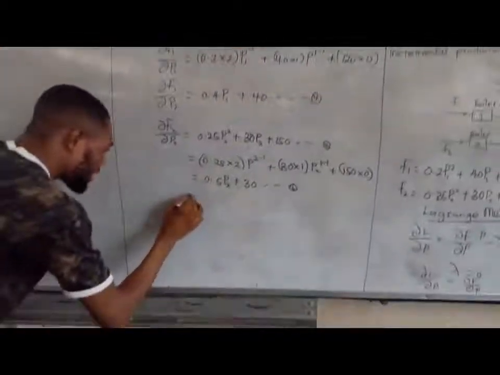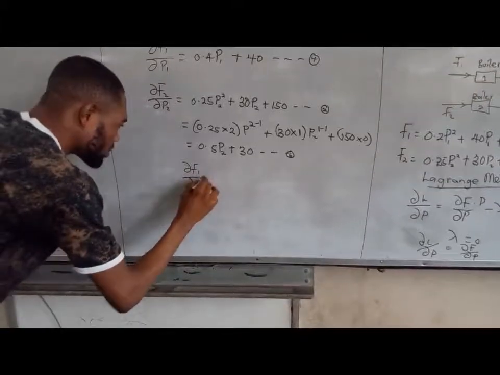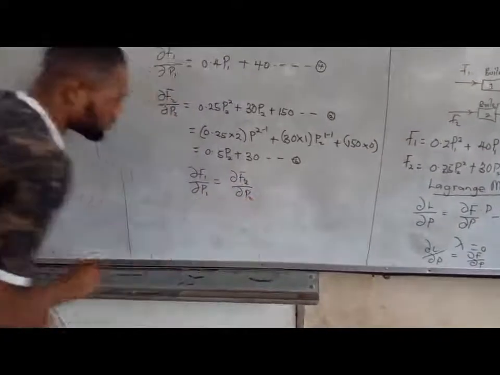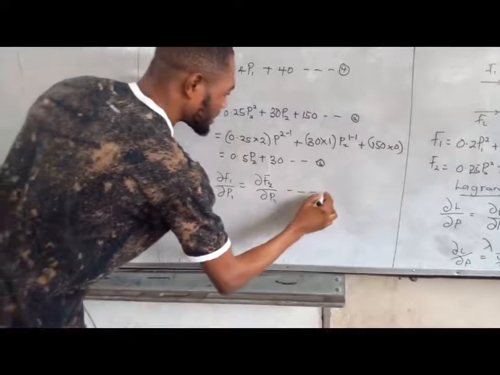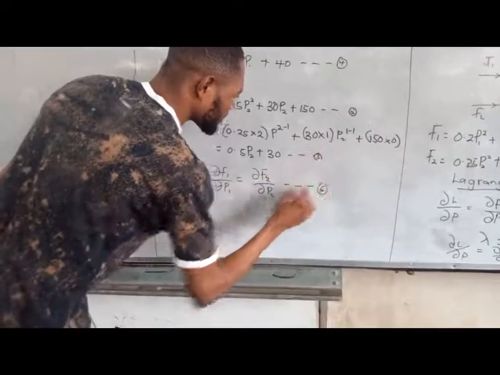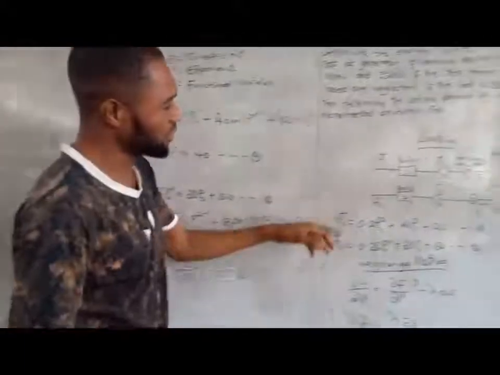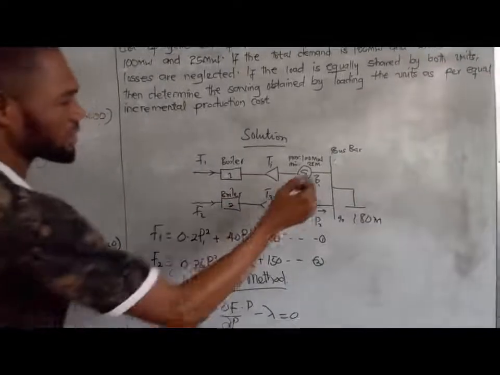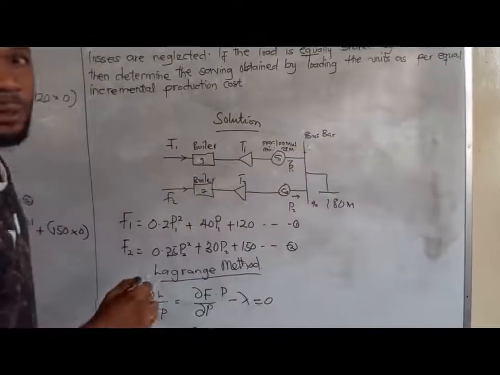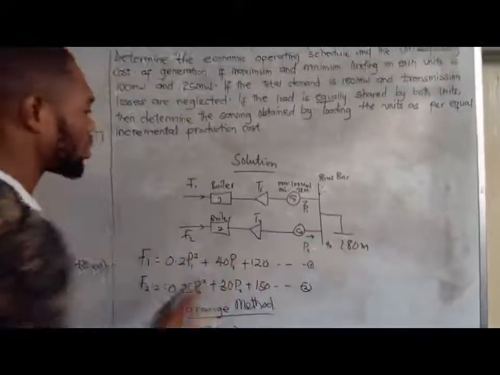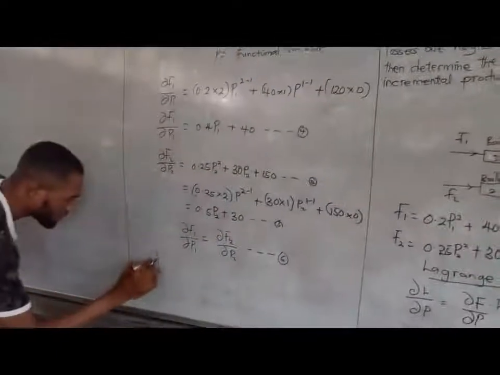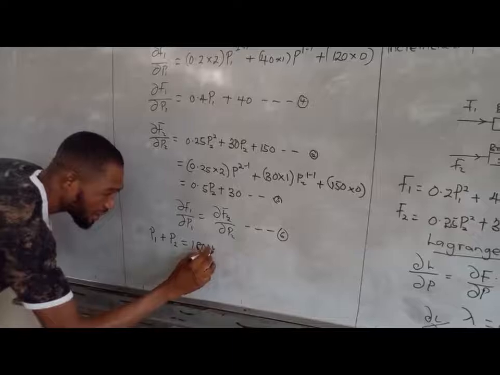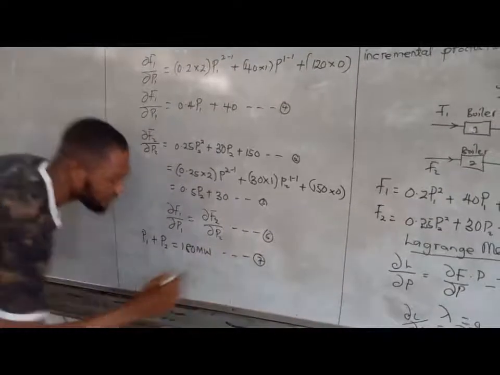We can have an expression like dF1 over dP1 equals dF2 over dP2. We call this equation 6. But the question also says that unit 1 and unit 2 generate and all of it is injected into the bus bar, which gives us the total power of 180 megawatts. So the power generated by P1 plus P2 should be equal to 180 megawatts. That gives us equation 7.